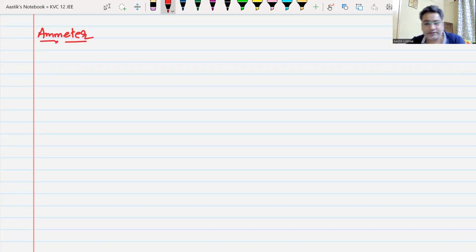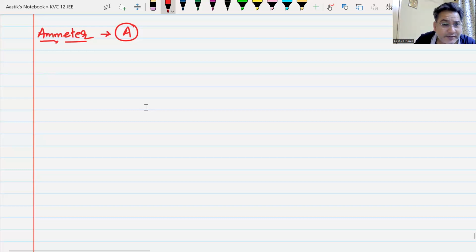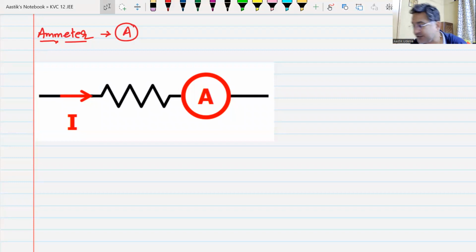Now, what is an ammeter, and what does an ammeter do? Ammeter is normally denoted by this A in a circle. That is the symbol of ammeter. Measures the current inside the circuit, sir. Ammeter is a device that measures the current in the circuit, and this is how the symbol looks like.